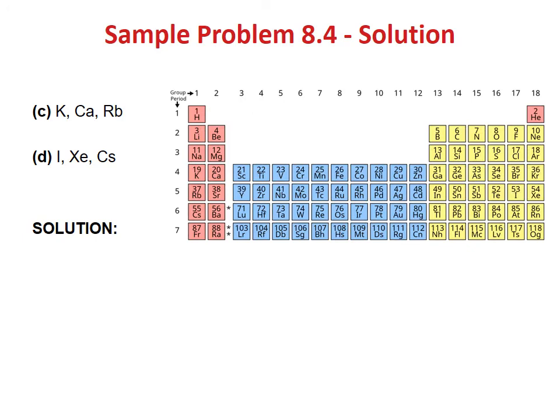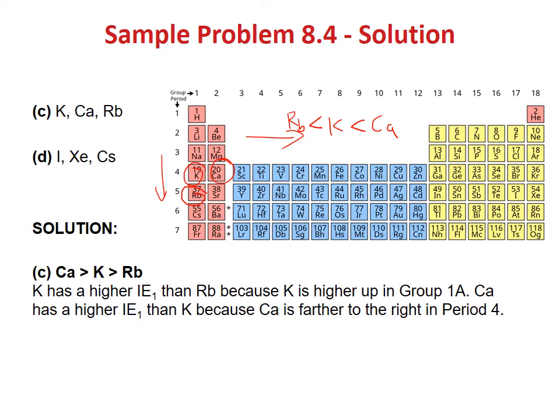Let's find them in the periodic table: potassium here, calcium, and rubidium here. Across a period the ionization energy increases, and therefore potassium is smaller than calcium. Down a group, ionization energy decreases, and therefore potassium is greater than rubidium. Therefore our order is calcium is the largest, then potassium, and then rubidium.